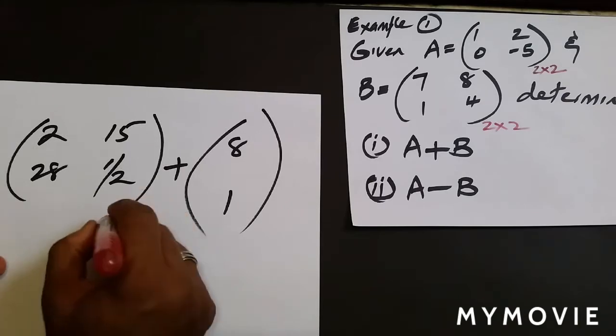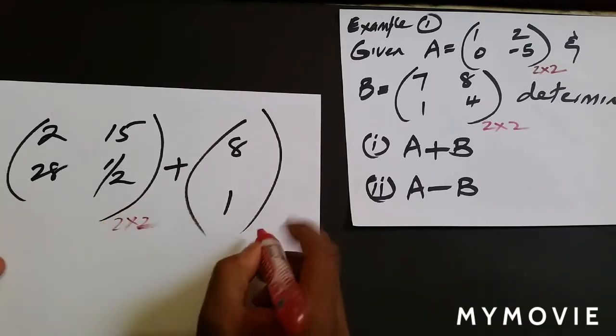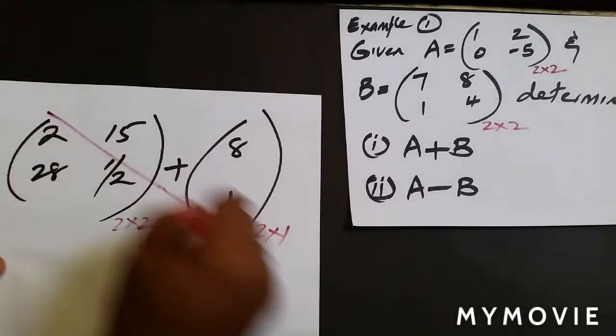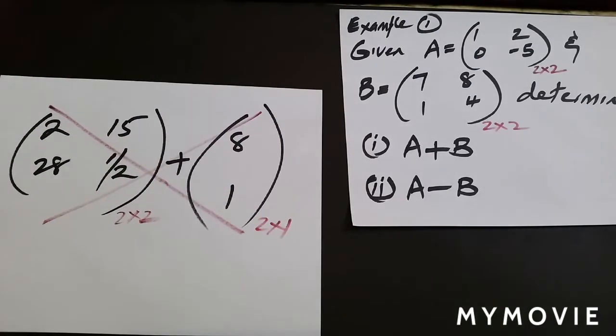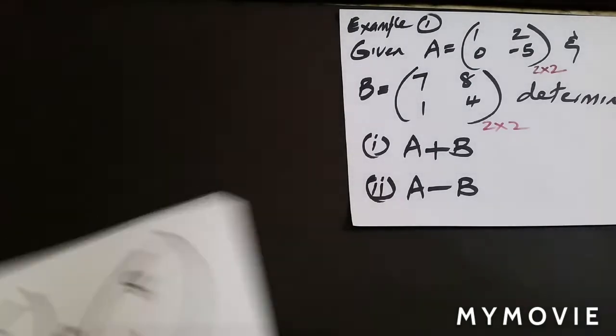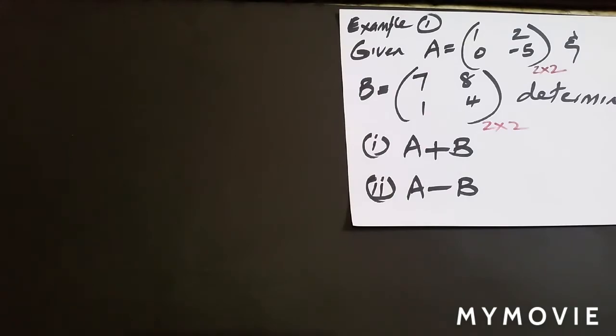This matrix here is a 2 by 2 matrix. This matrix here is a 2 by 1 matrix. So it means this cannot happen. So in order for you to add matrices, they must be of the same order.